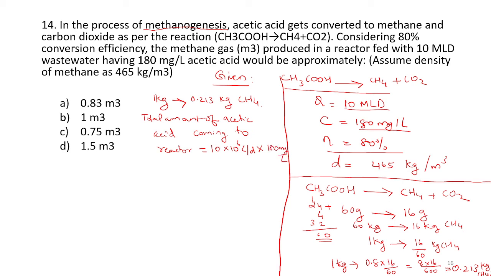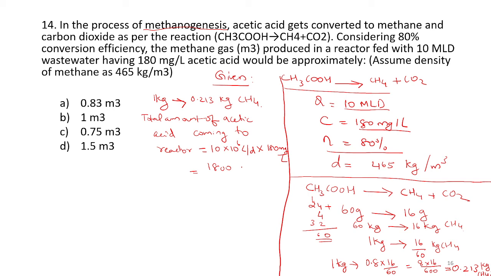That is 1800 into 10 raised to 6 milligram, which means 1800 kilogram acetic acid per day.